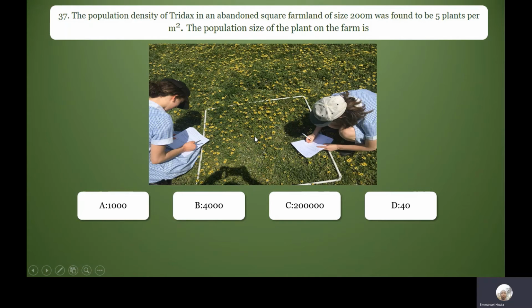A quadrat is 1 meter squared. So how many will you get for 200 meters? You just multiply, 5 times 200. If you can get 5 plants in 1 square meter, how many will you have in 200? Sorry for the distraction. So that is A. A is the correct option. 5 times 200.